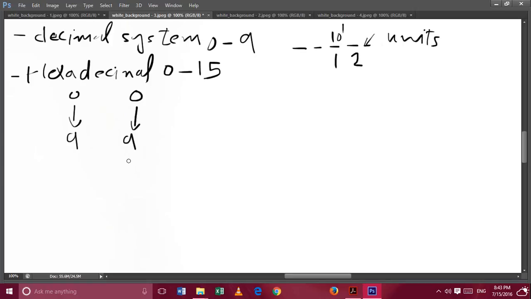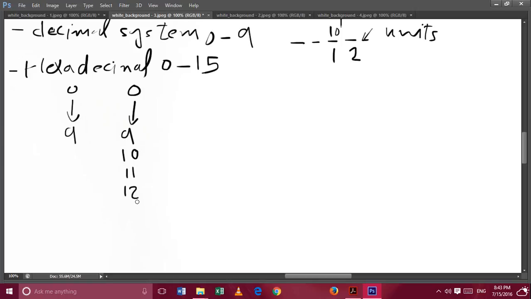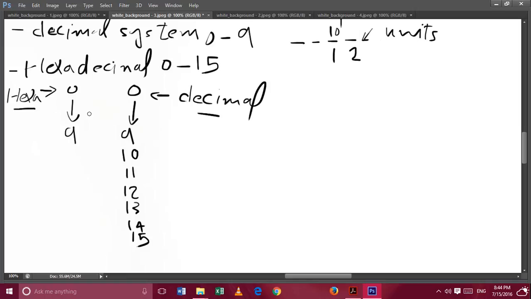Now for numbers that are larger than 9, like 10, 11, 12, 13, 14, and 15, we start using letters. So here, this is hexa, and here, this is decimal. So 0 in hexadecimal is the same as 0 in decimal, and 1 is the same till you get to 9.